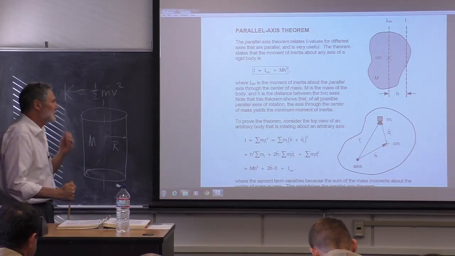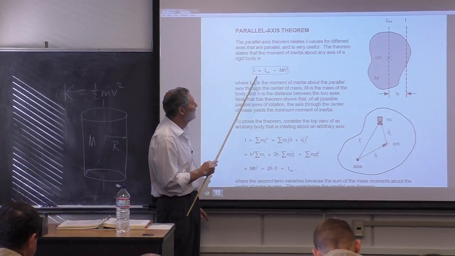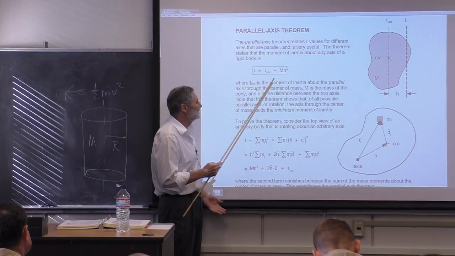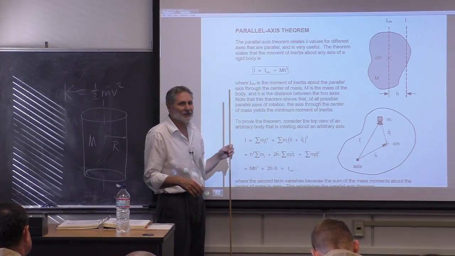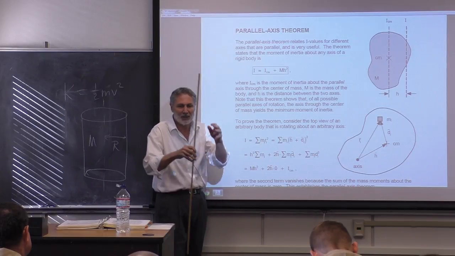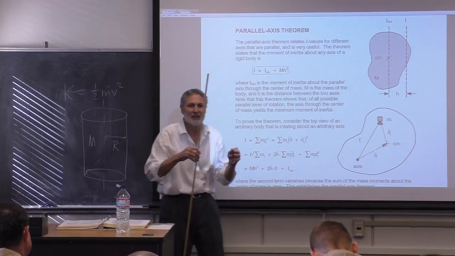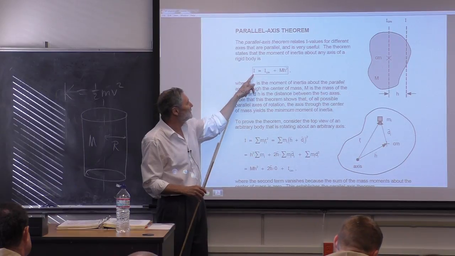It's also useful because it's telling you something here. Suppose you want to find, among all possible parallel axes, the axis that minimizes the moment of inertia. How do I minimize this?